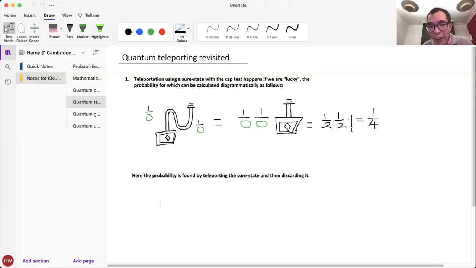So we get a 1 here, and we have a 1/2 here, and half times half together, you get 1/4. That means this probability is a quarter, 1/4, right?